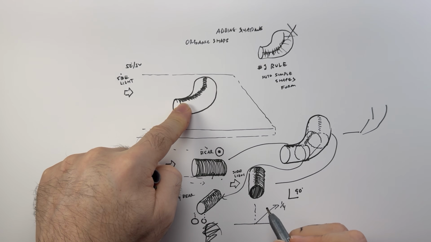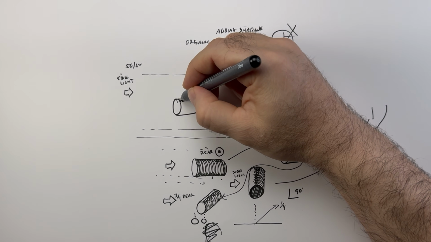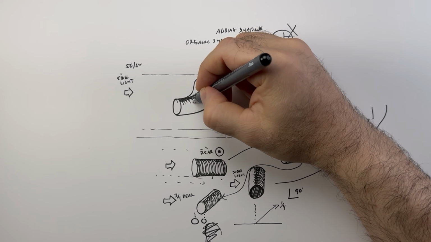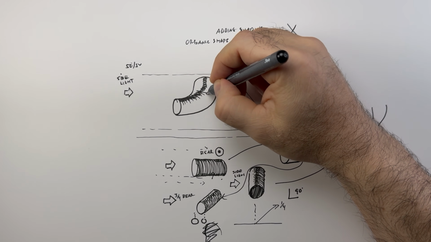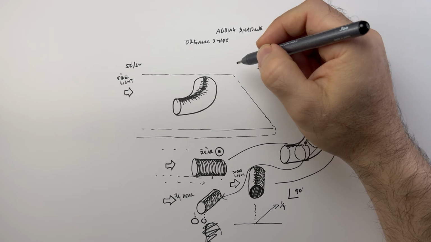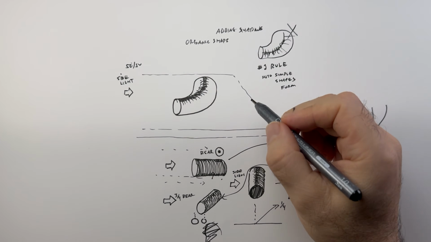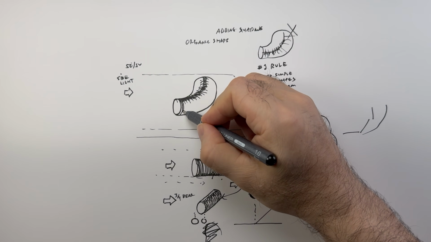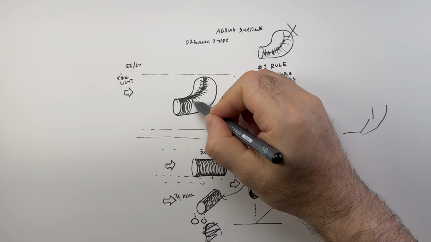So that's the pattern you make. Now let's add in the midtones. All right. And then let's add in the reflective light.